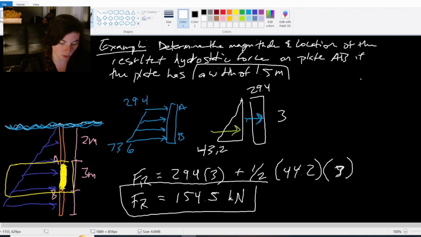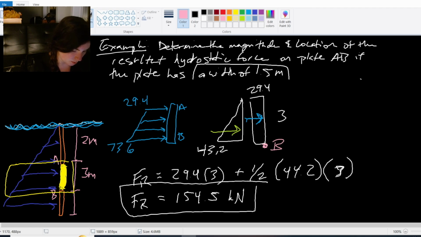And the last part was finding where exactly this hits, which we do with a moment. Right, we can find this distance. I'll go ahead and take a moment about our B point here.